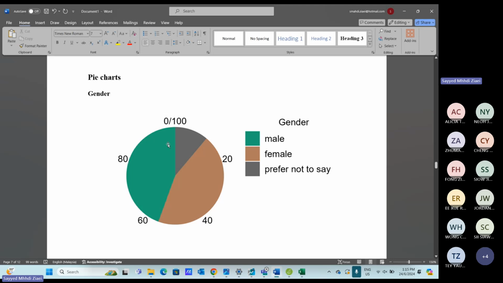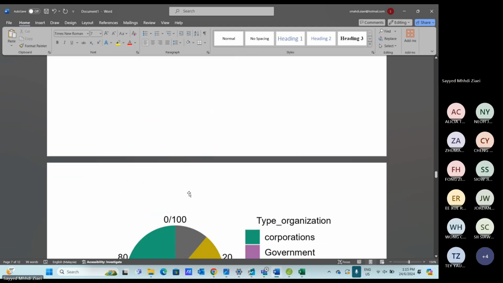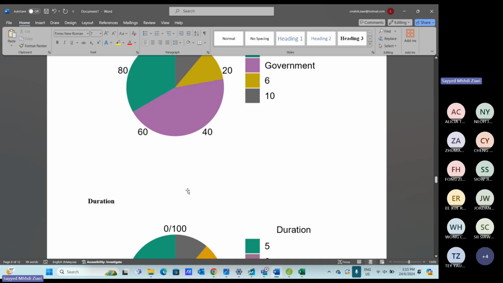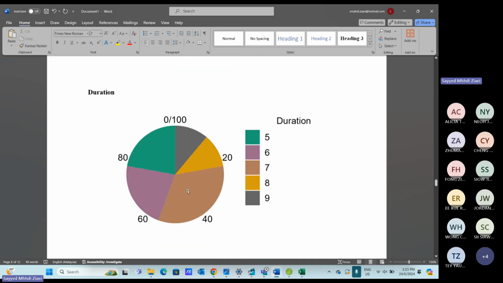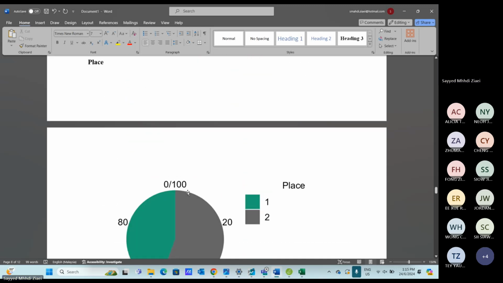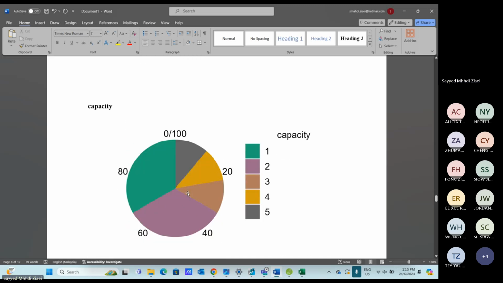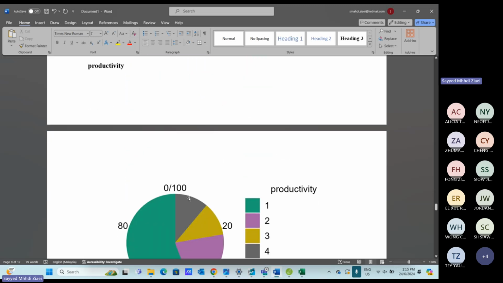So for gender, 20 to 40 female and 60 to 80 male. Type of organization, duration, place, capacity, productivity.